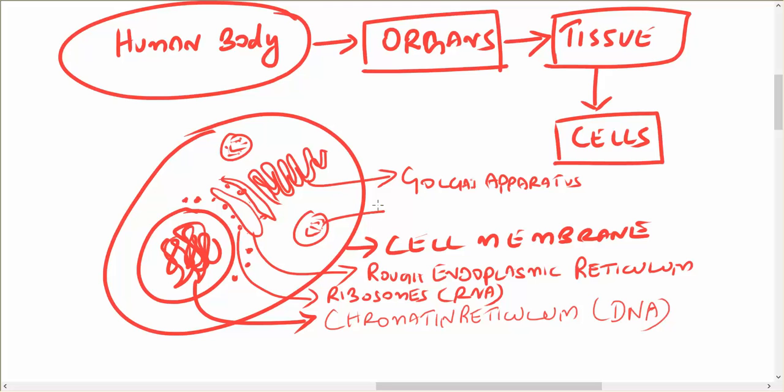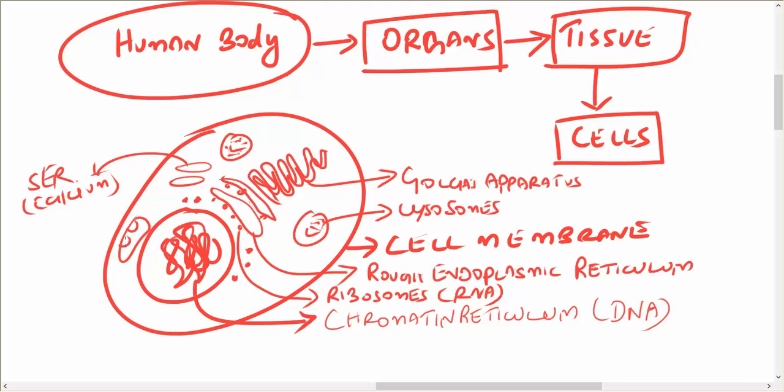This is called lysosomes. We have smooth endoplasmic reticulum, which stores calcium, and we also have the most important organelle, mitochondria, which is responsible for energy production.